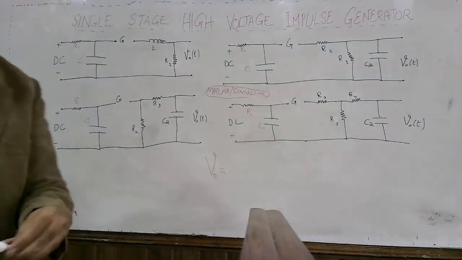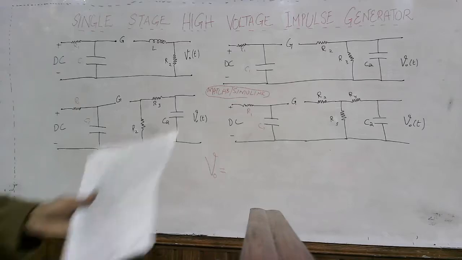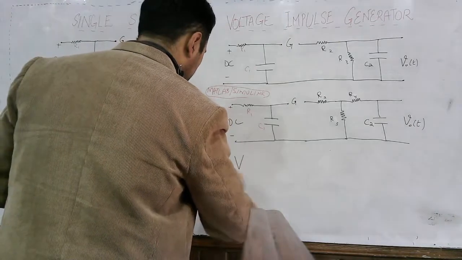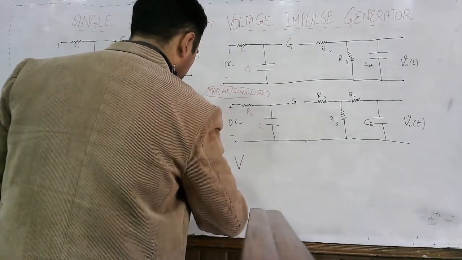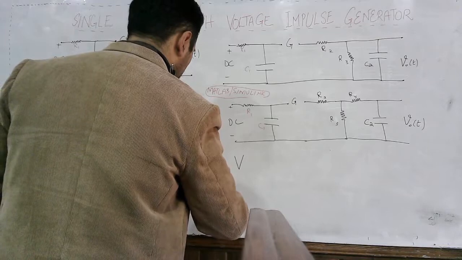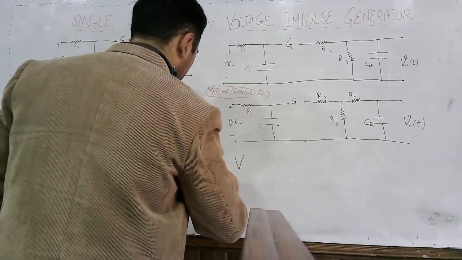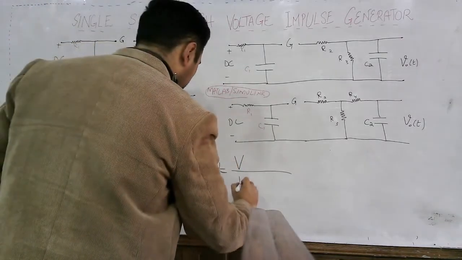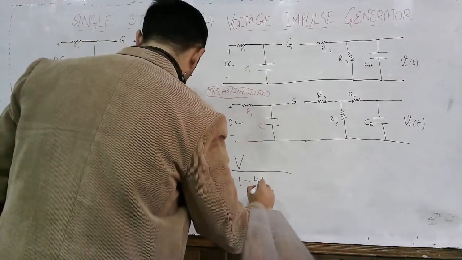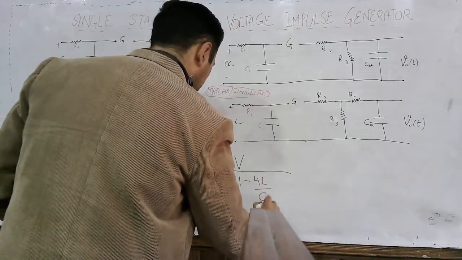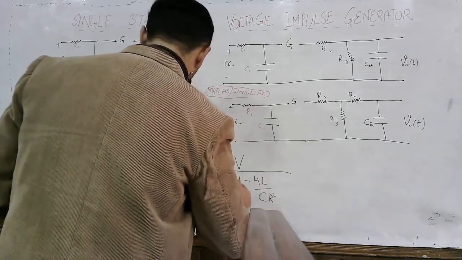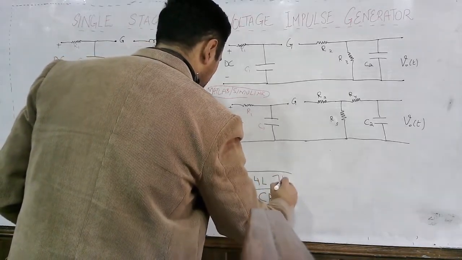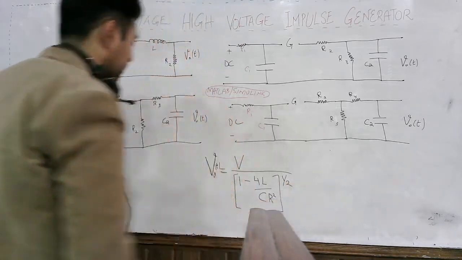The output voltage is equal to the input voltage times (1 minus 4L by CR square) to the power 1 by 2, that is, the square root.